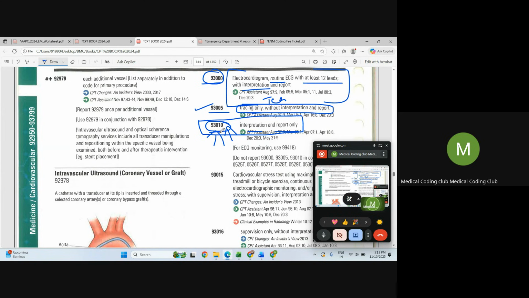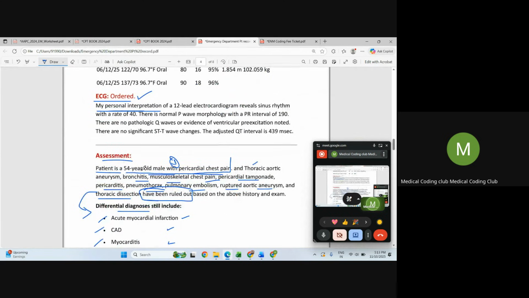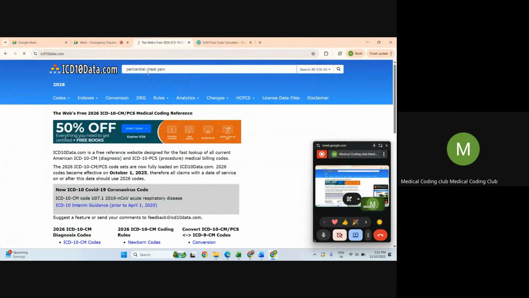Coming back to the diagnosis here, we got a final assessment: 54-year-old male with pericardial chest pain. So pericardial chest pain is what you have to code. Let me check the diagnosis code as well. R07 something will come, I think.